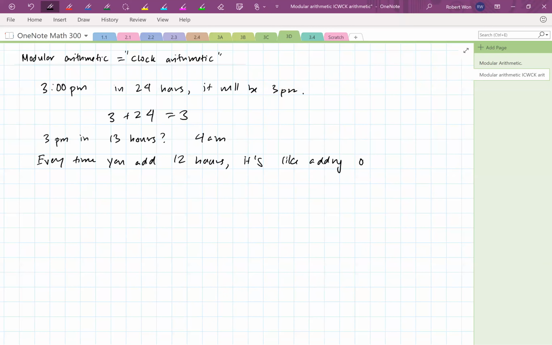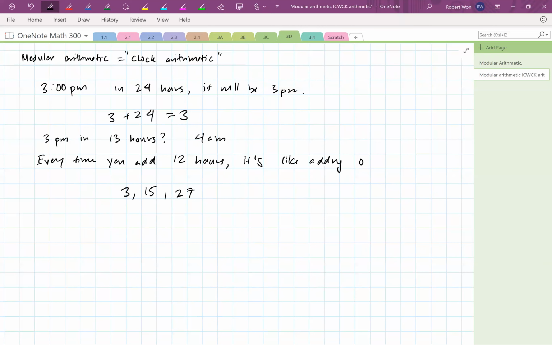So what times are sort of the same? If it's 3 o'clock right now, in 12 hours, it'll be 15 o'clock. But 15 o'clock is just 3 o'clock. In another 12 hours, it'll be like 27 o'clock. This is 24 hours after we started.